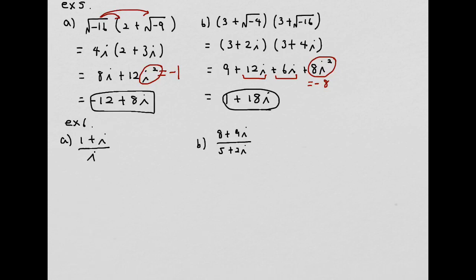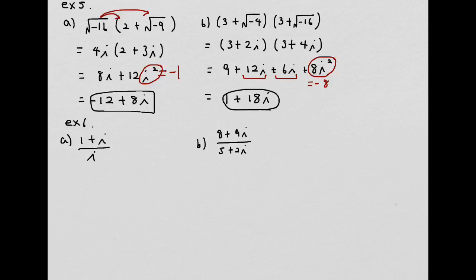Example 6, we want to see if we can rationalize the denominator. Whenever we have one term on the denominator, remember we're going to multiply by exactly the same thing, right? And square roots are something that we cannot have. So having an i on the denominator means you have square root of -1. So we do need to get rid of i also because we consider that as a square root.